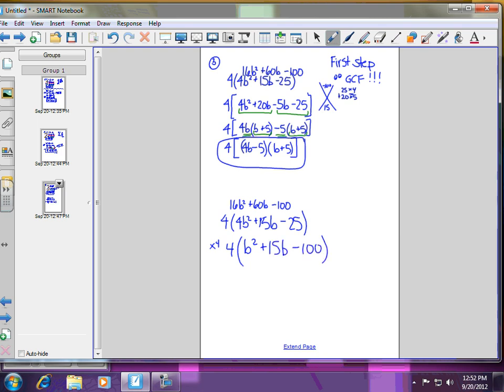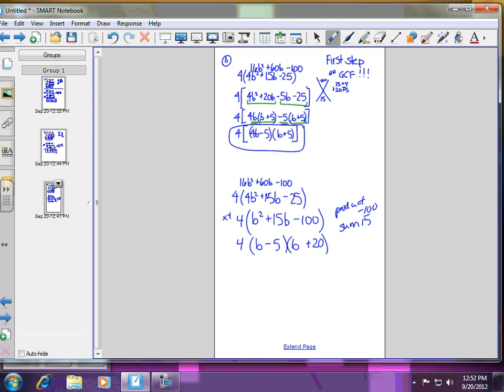Same thing here. The product has to be negative 100, and the sum has to be 15. And so we already know from our previous work that it is going to be b minus 5 and b plus 20. All right? And then since I multiplied by 4 here, I have to go through and divide by 4 here.